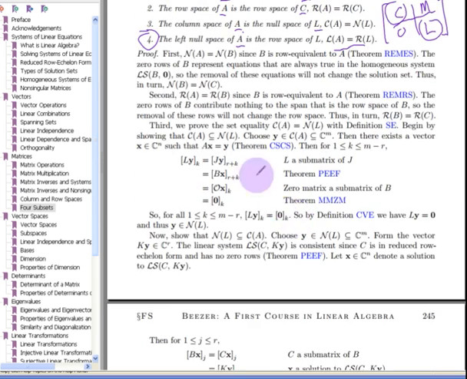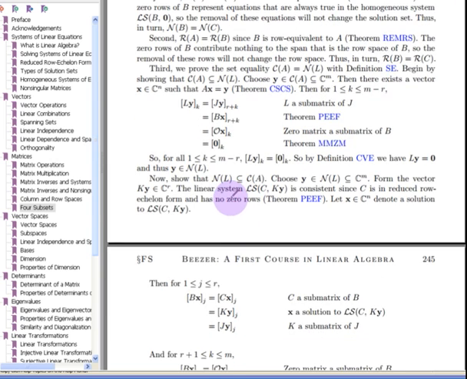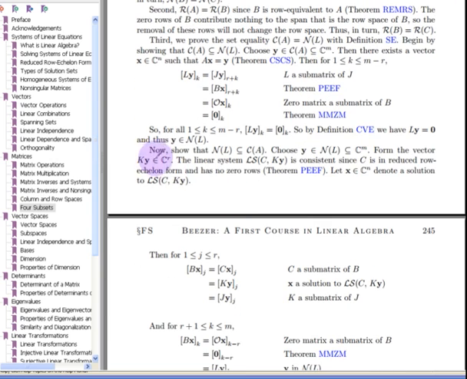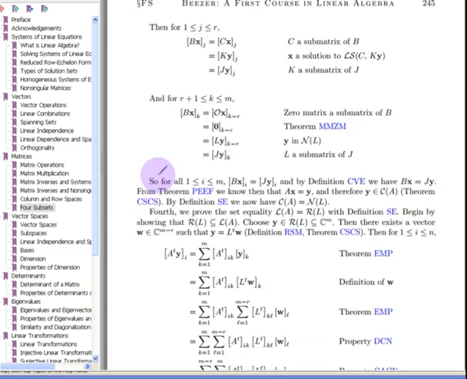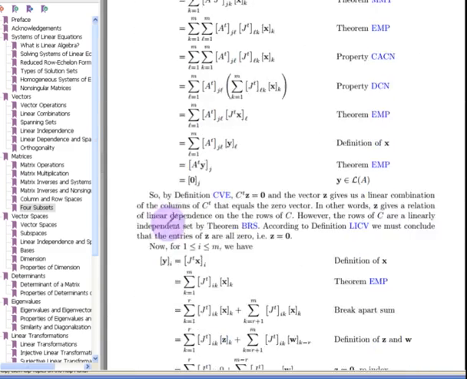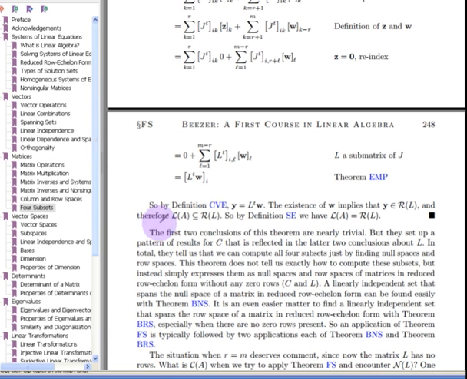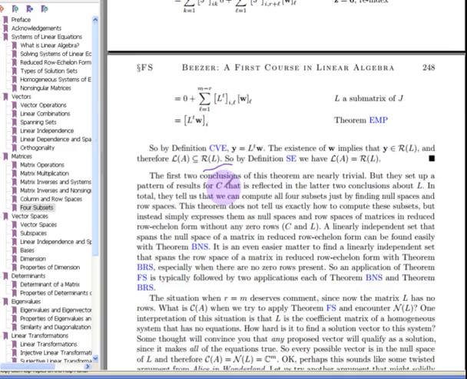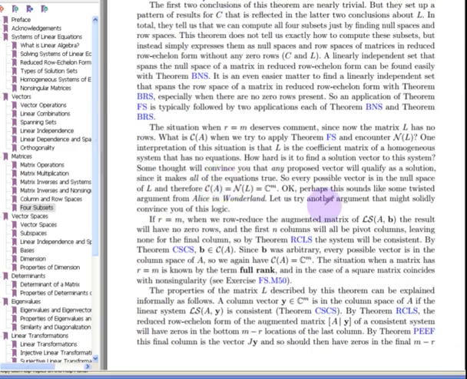You can read the proof here. Most of this proof is that last one, down to here. I don't think it's worth going through this just for that result that we won't be using very much.